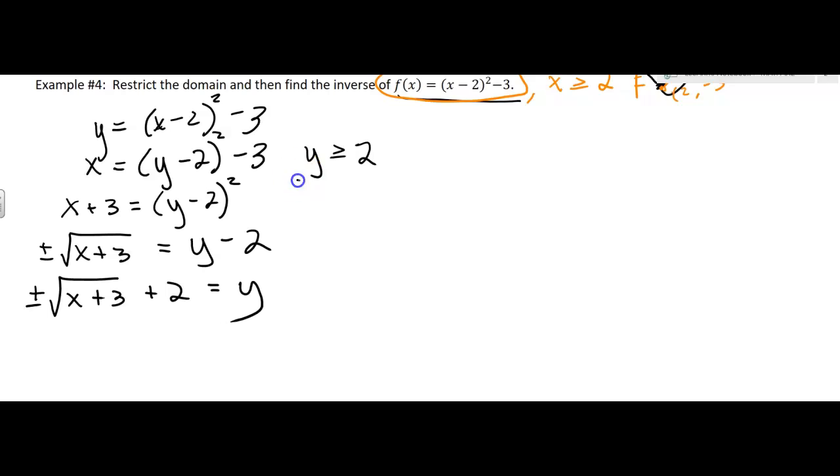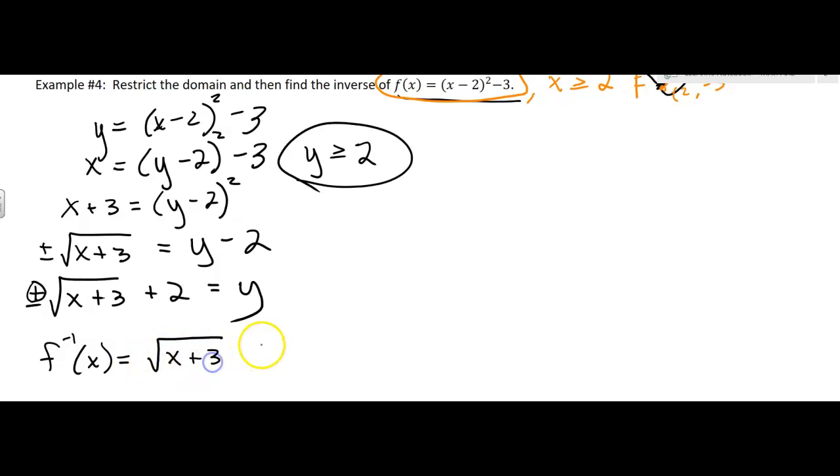Now I need to make sure that y is greater than or equal to 2. So in this case I'm going to use the positive case. And I'll rewrite this as f inverse of x equals the square root of x plus 3, plus 2. Oh, I forgot the restriction.